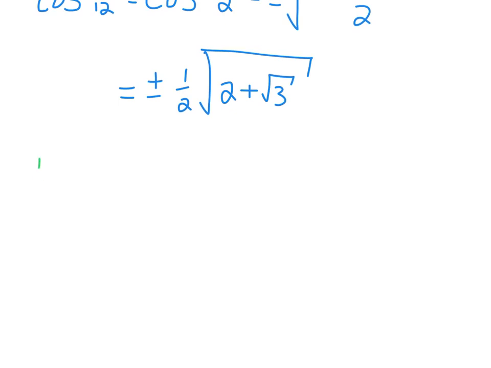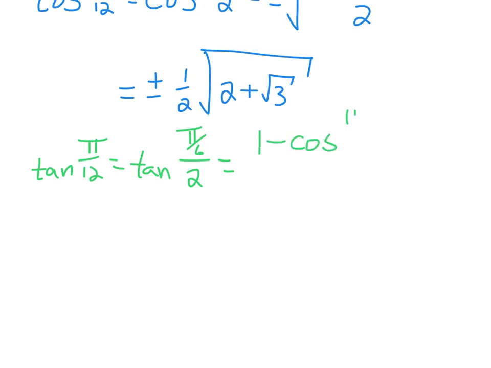So then we have the tangent of pi over 12 is the same as the tangent of pi over 6 over 2. And so then we can say, great, that is the same as 1 minus cosine of pi over 6 all over sine of pi over 6.